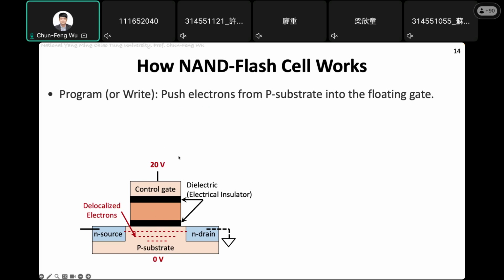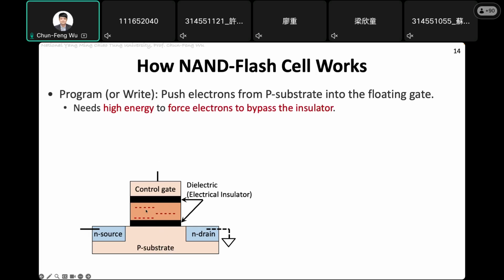But with 20 volt here, it is a high enough energy. So those delocalized electrons will cross through the dielectric layer into the floating gate like this. This is how the NAND flash cells can gather electrons inside.